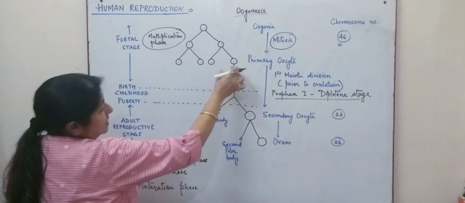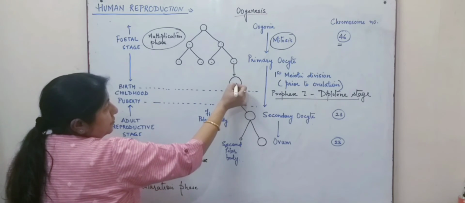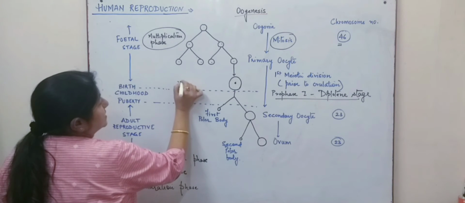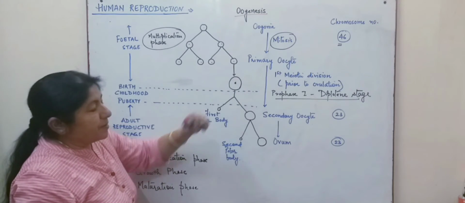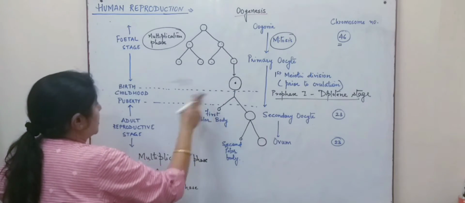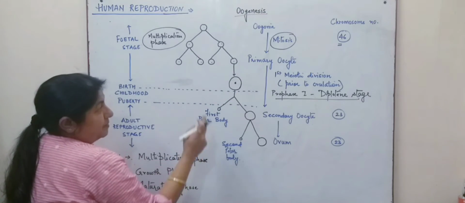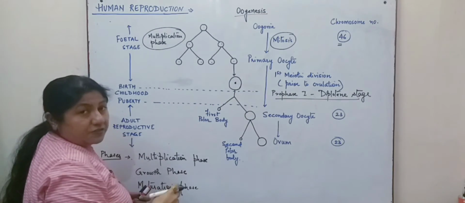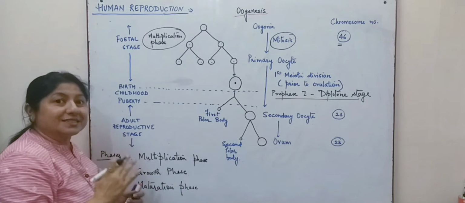Now here you can see, out of the primary follicles which are formed, one of the follicles increases in size. This is due to the process of vitellogenesis, which we will discuss later on. At puberty, the primary oocyte divides, as the first meiotic division proceeds, and it divides unequally.